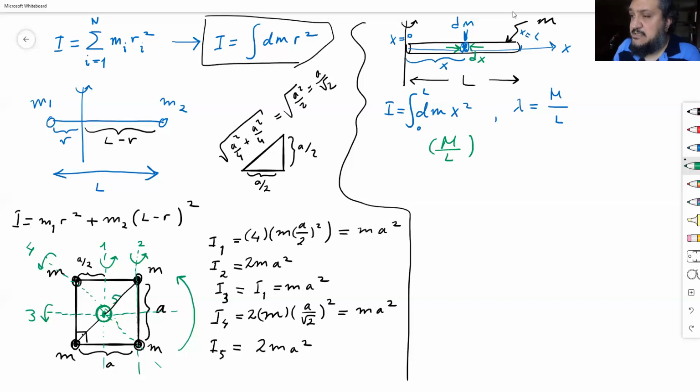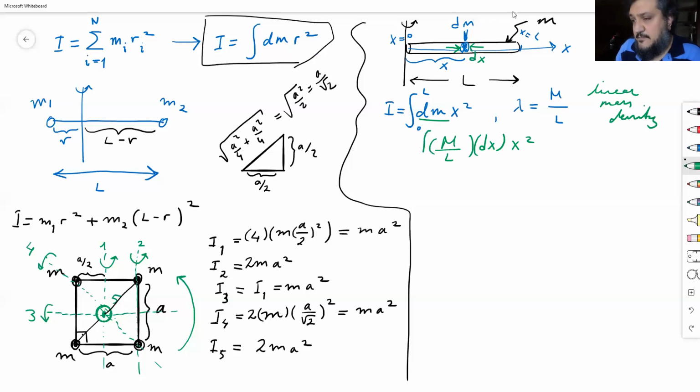So dm is just this linear mass density, multiplied by dx, that is dm. And there's also x squared here, all right?